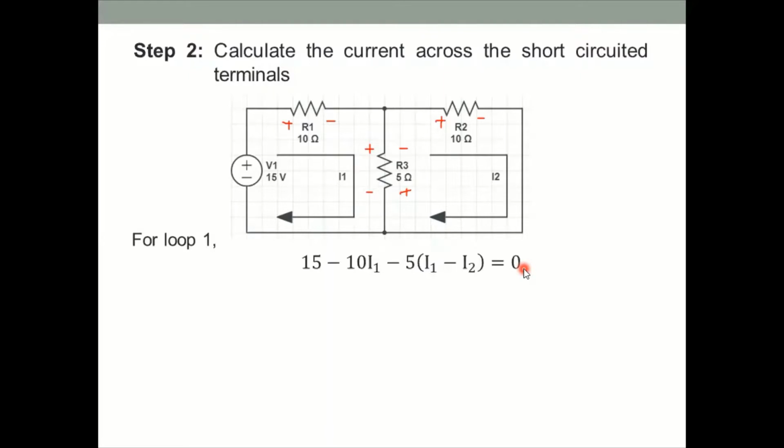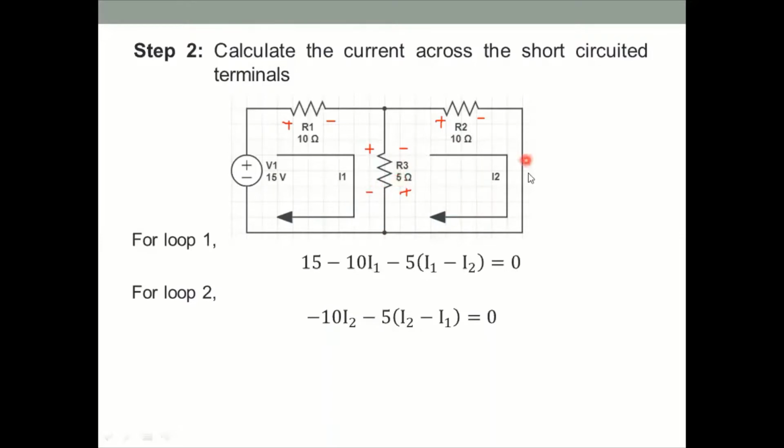So coming to the second loop equation, from this part, if you write the equation, I am starting from R2. So current is moving from plus to minus, so minus 10 into I2. And if you observe here, this is moving from plus to minus. So again, minus 5 into, now I'm writing for the loop 2, right?